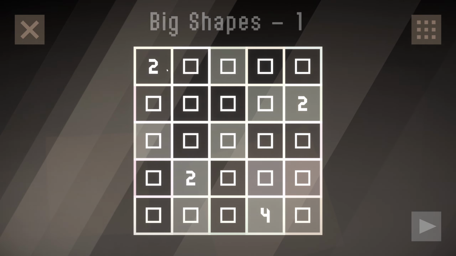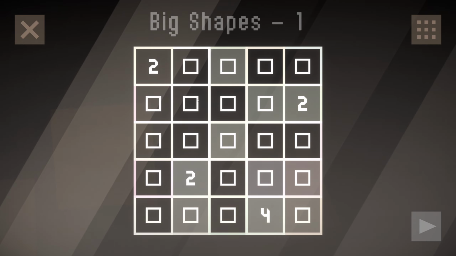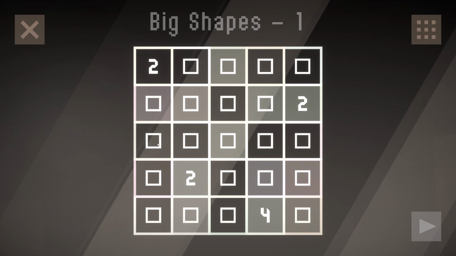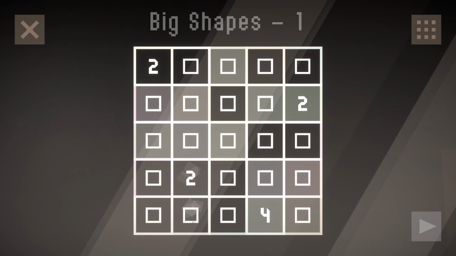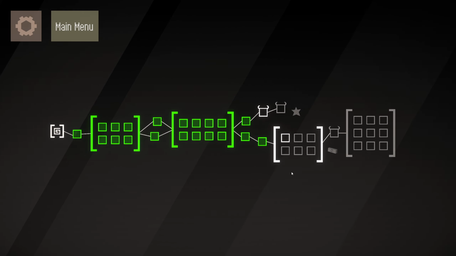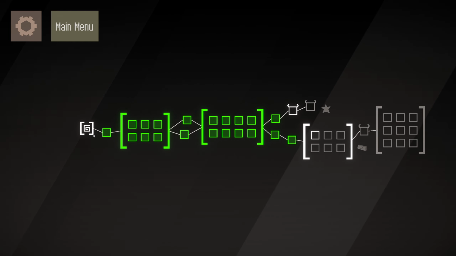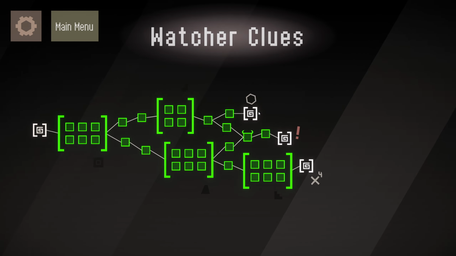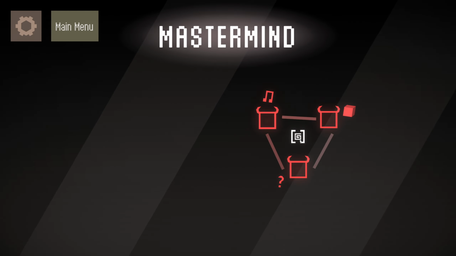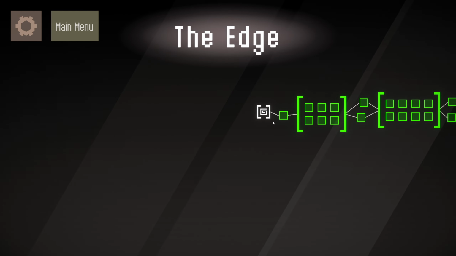But this doesn't help the 2x2 section at the top. So can't do that. That's the limits of this location. So is that everything here? Actual math, mastermind, the edge.